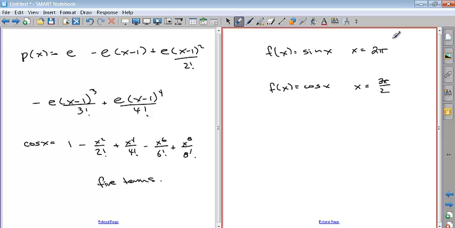Just think about what you would do. You're going to end up with some kind of alternating thing, depending upon which angle it is. If you had the cosine of pi over 2 instead of 0, then this will go to 0, and the x term will be there, and the x cubed, and the x fifth, and so forth.